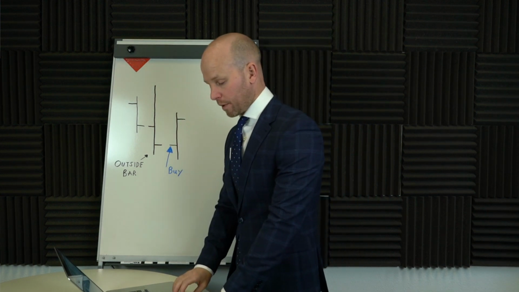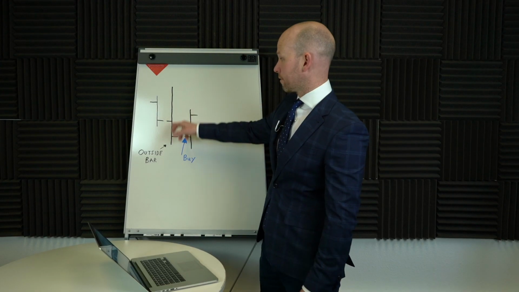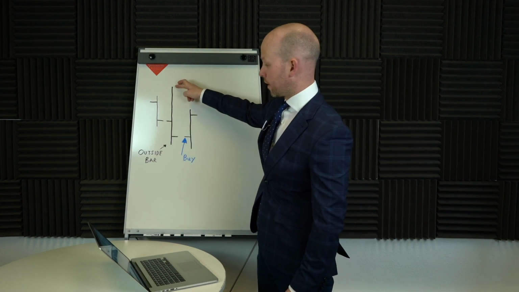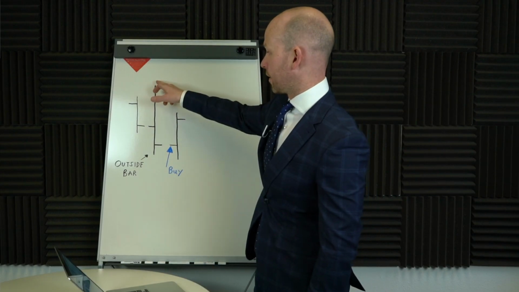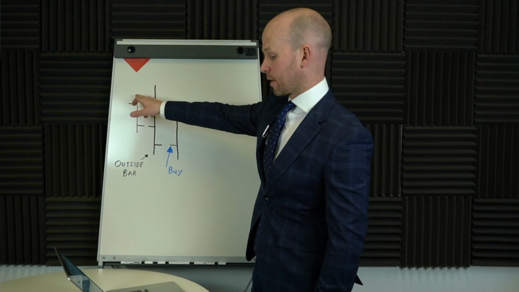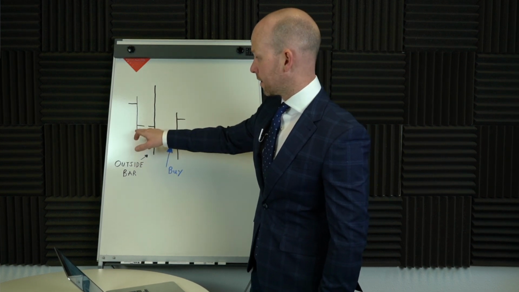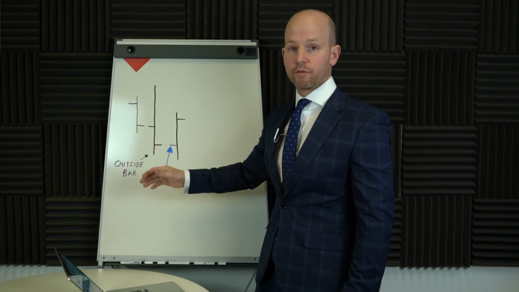So what we're going to say is if the high, and the 0 means the current bar, so if the high of this current bar, don't forget we're at the close currently, is greater than the high of, and we've got that 1, that means 1 bar back. So if that high is greater than this high and the low of this bar, low 0, is less than low 1, 1 bar back, then that's our condition for our outside bar.